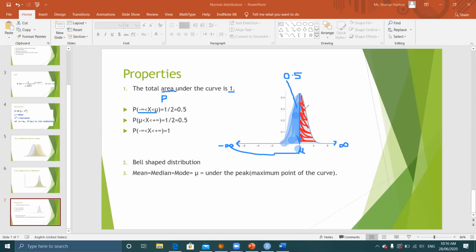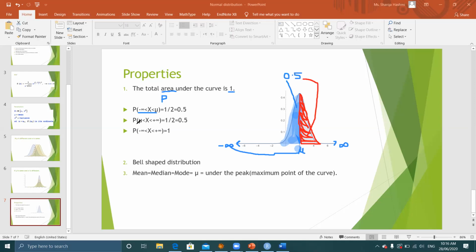So all the area above this point mu is again, sorry, it's going beyond this line. So this area is also 0.5. So 0.5 plus 0.5 is equal to 1.